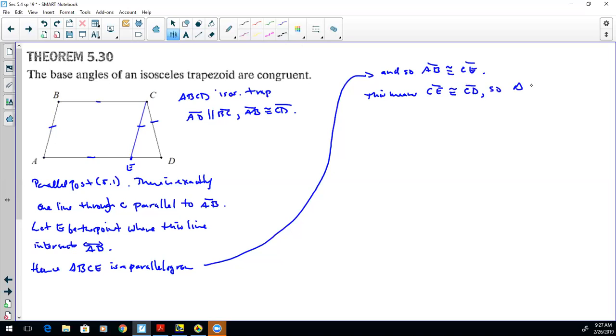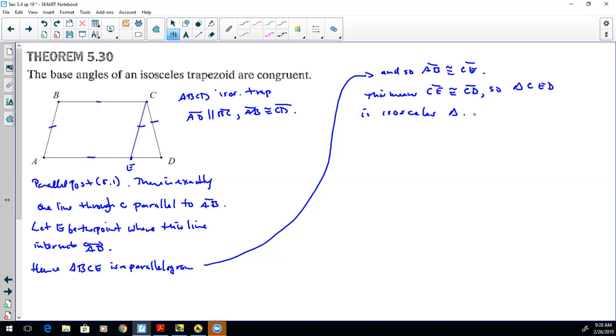So the triangle we formed over here, CED, is an isosceles triangle, because those two sides are the same length.